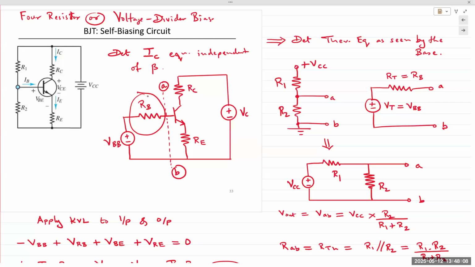And that's how we obtain this equivalent circuit. The output side is not affected. The collector resistor and emitter resistor stay as they are. It's only the input side that you're using to bias with the same power supply.